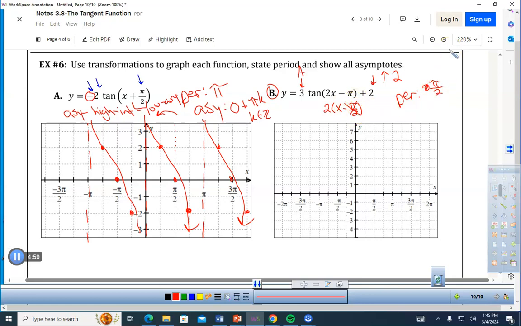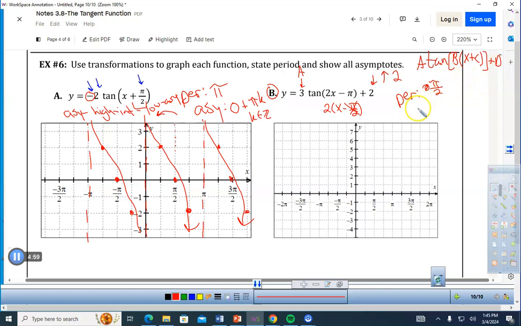If I take cosine and I move it to the right 2 pi, it's the exact same graph. It doesn't change. So that's where this one's tricky. I'm not shifting it right pi. I have to factor out that 2, because remember our form is A tan of B x plus C plus D. That B has to go to both of them.